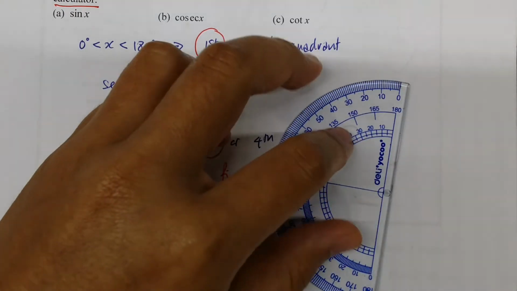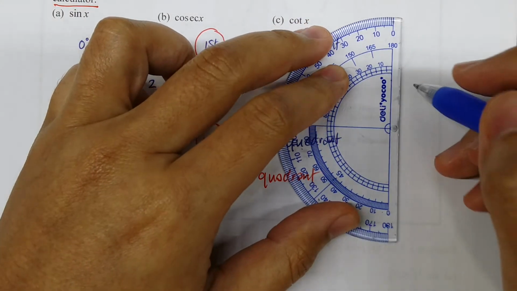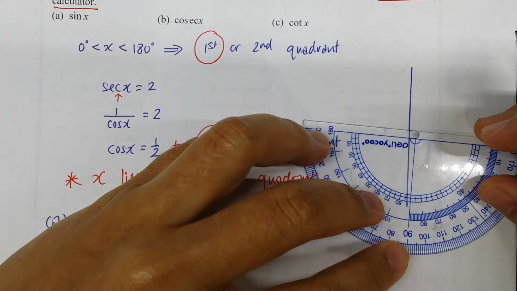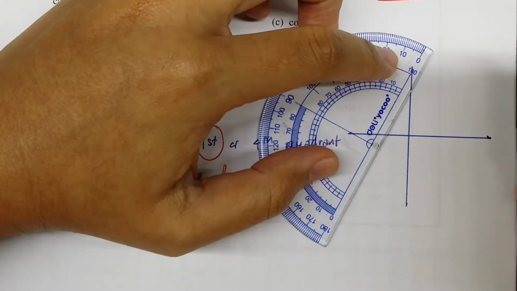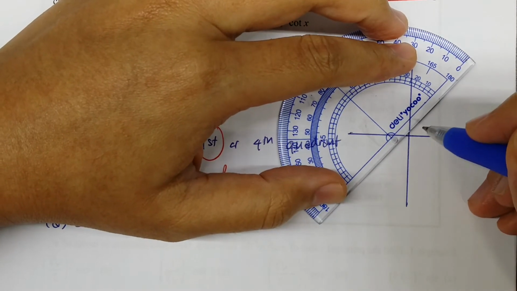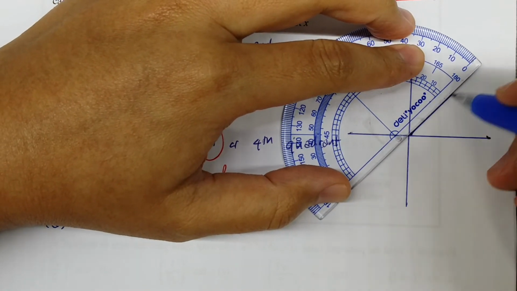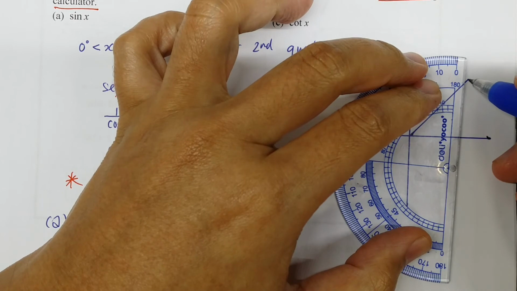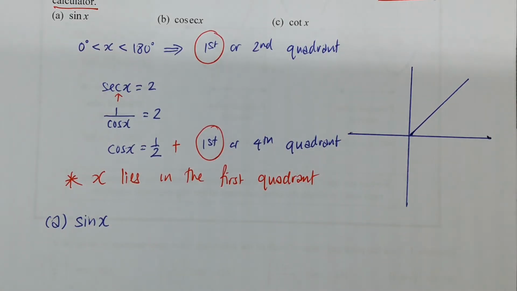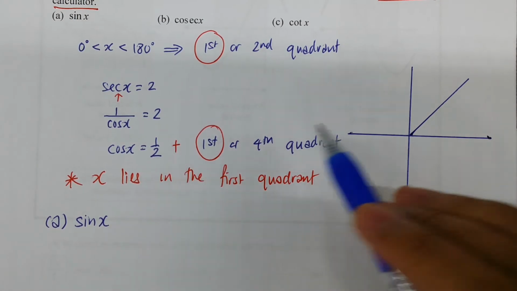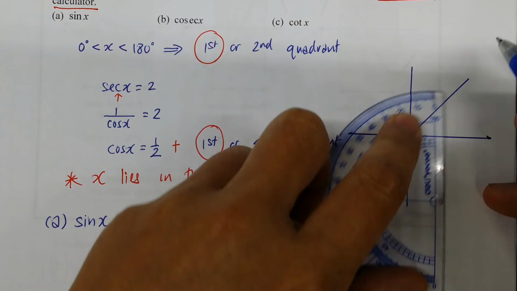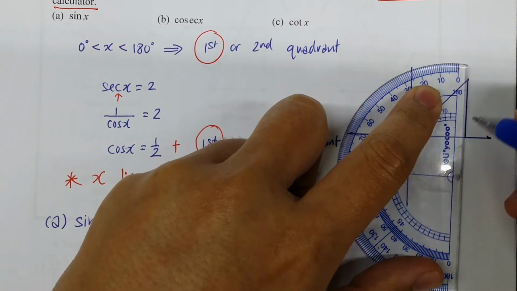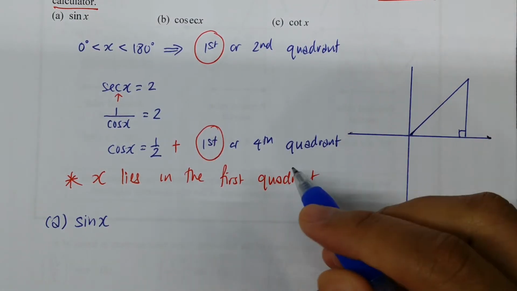If you are confused, always draw. So it's in the first quadrant. Let me quickly draw a triangle. We have done it before in, I think, 8.3 or 8.4. Not drawn to scale. Cosine x is half, adjacent over hypotenuse, 1 over 2.